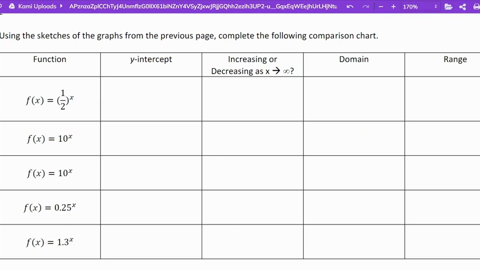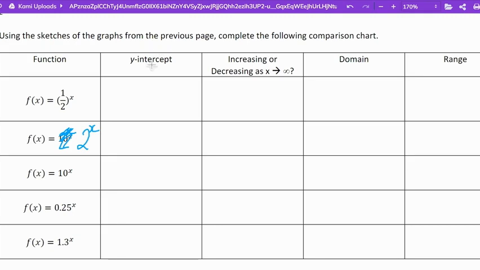So there's a typo here. Make this 2 to the power of x. Sorry, this second one should be 2 to the power of x, not 10 to the power of x. Okay.